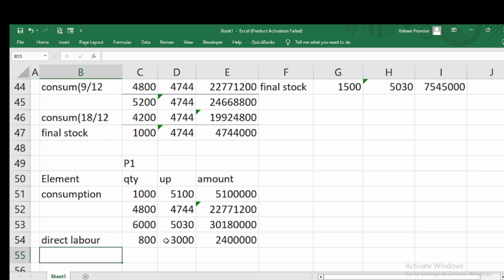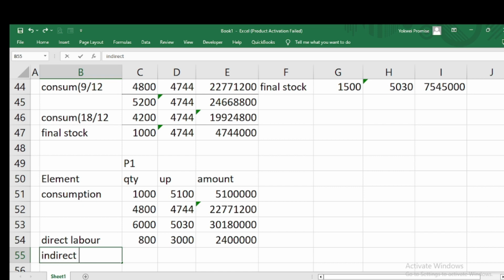All right. The other thing, production. Since we are dealing with production here, let's look at finished product P1. Let's look at what the question says again. We have indirect workshop expense, or indirect production overhead. Indirect expenses are based on production, so we are going to our apportionment table and we are going to pick it from there.